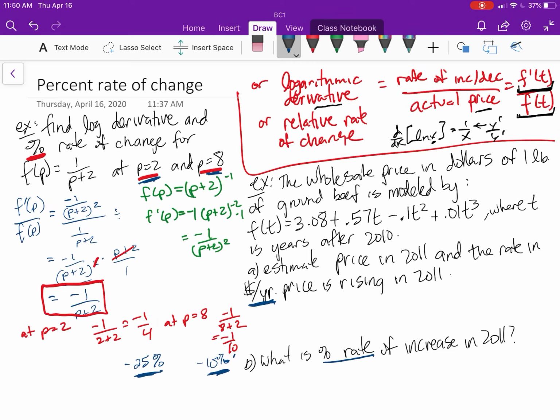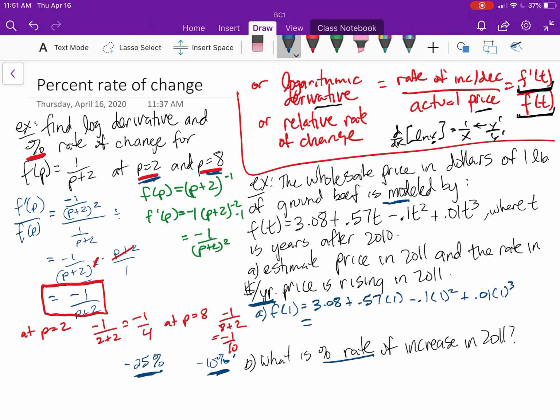So really A just means what is f of 1? So substitute 1 and that would approximate, right? It's modeled by, so it's approximate. The price in 2011 should be 3.08 plus 0.57 times 1 minus 0.1 times 1 squared plus 0.01 times 1 to the third.